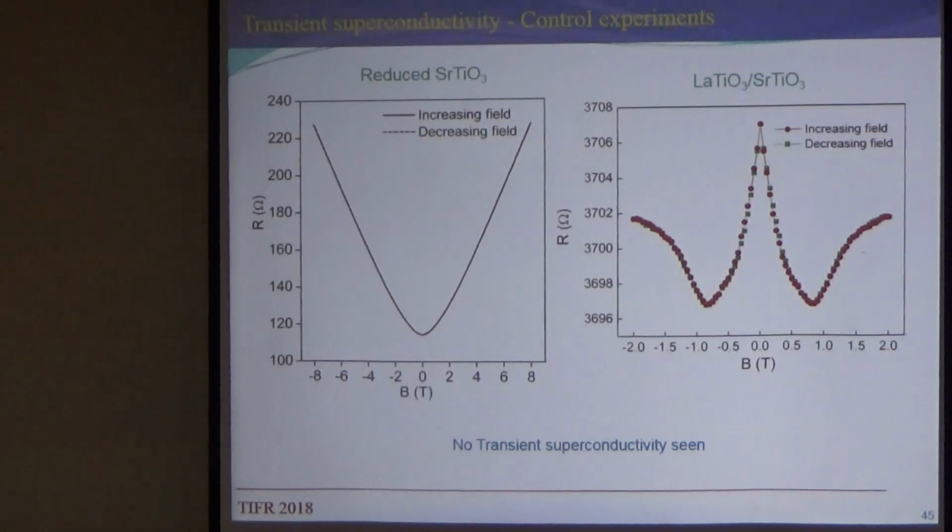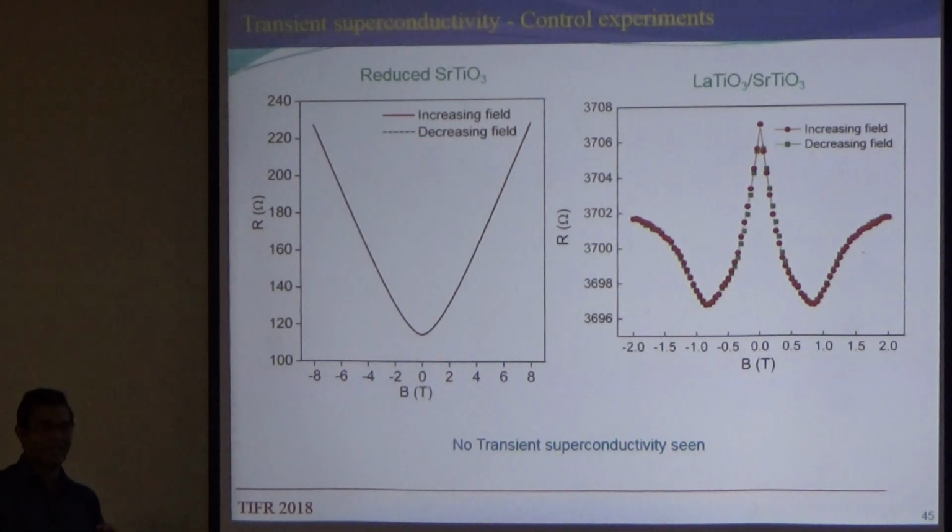So, then we went back. We know that reduced strontium titanate has very similar superconducting properties as this LAO-STO heterostructure, and we did these measurements. We measured increasing field, decreasing field, they just fell on top of each other, there was no transient superconductivity. We went to another control system, lanthanum titanate, strontium titanate.